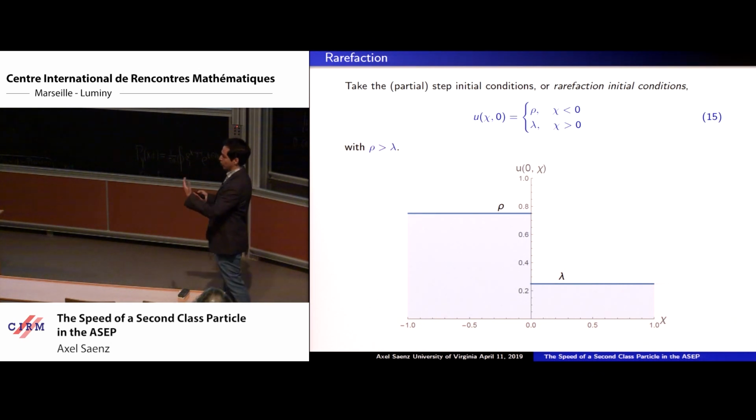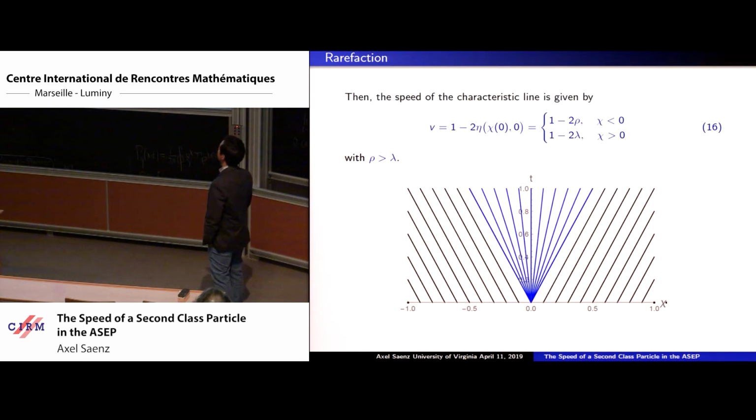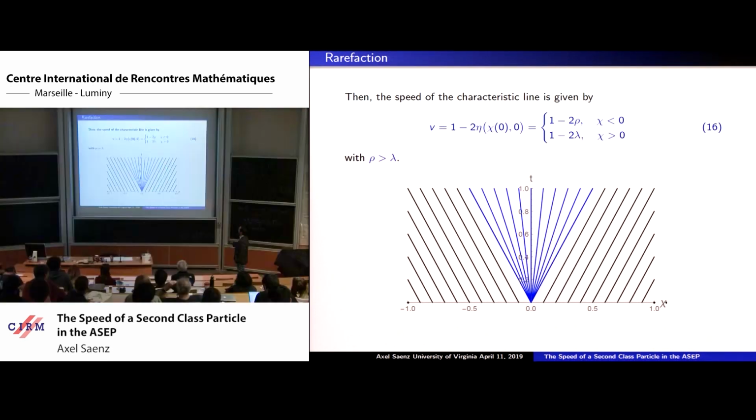And in the other scenario, we saw that whenever you have it the other way around, that causes a shock. And in this case, this causes what's called a rarefaction fan. And in here we look at the characteristic lines for the Burgers equation, and we see that they're just going in opposite directions.